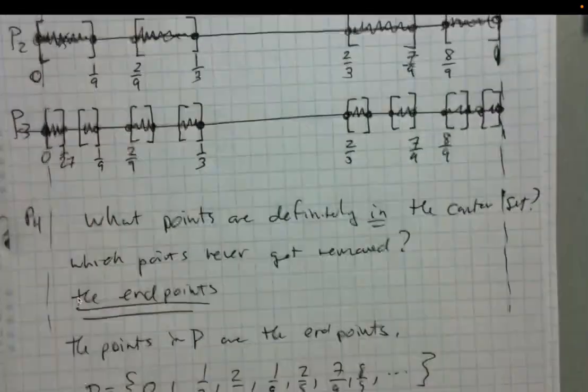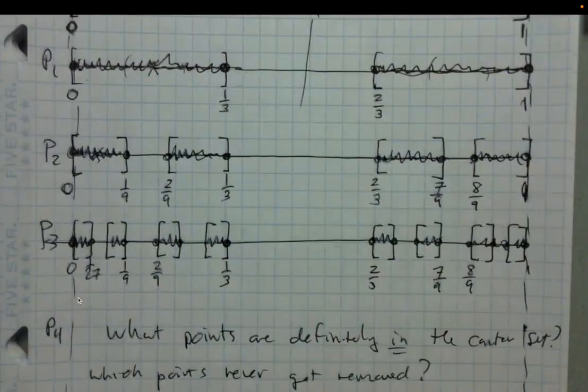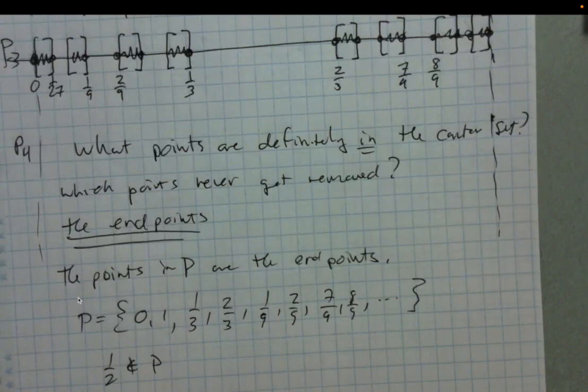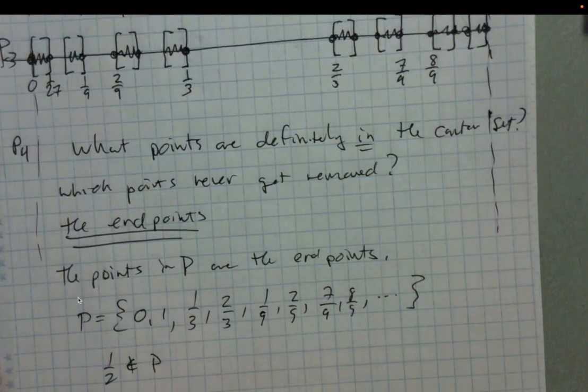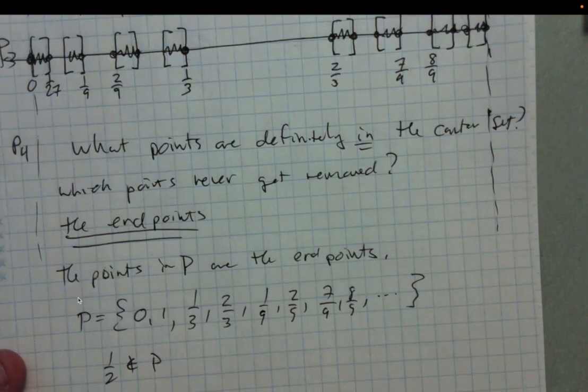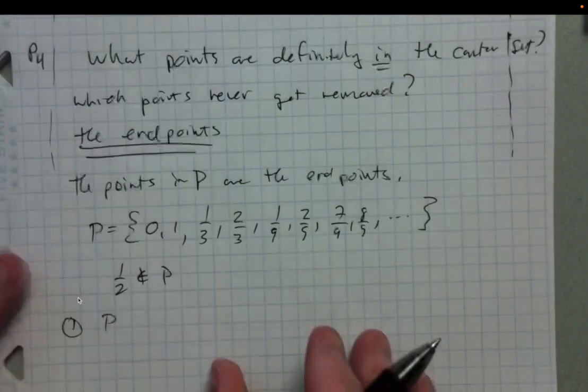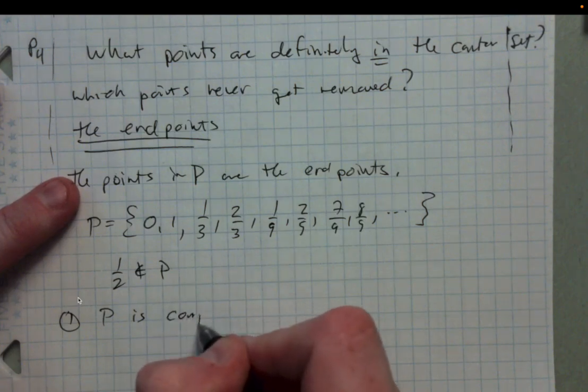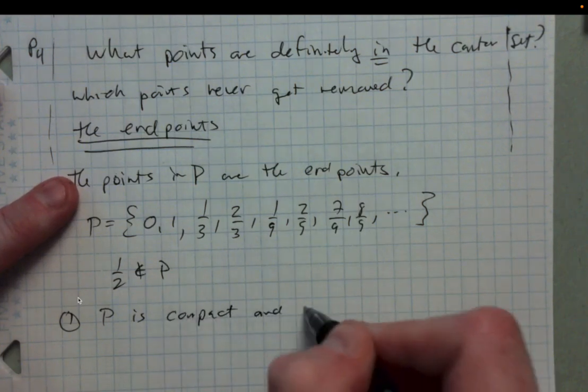So that's the contour set. Hopefully you got a picture in your head at least of how this works, because it's about to get weird. There are lots and lots of properties of the contour set, and we're just going to go through some of these. The first property that I'll point out is one that we've already talked about, and that is that P is compact and it's non-empty.